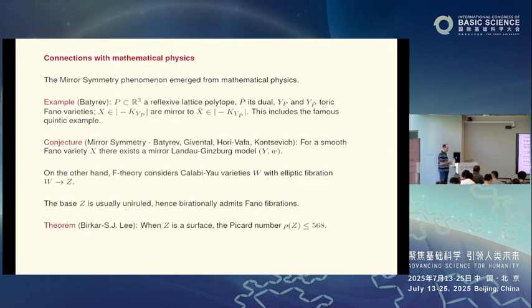So for example, one of the very basic things to try to do is to say that on the base, the Picard number is bounded. We already knew this from general results in algebraic geometry, but talking to physicists, my collaborator Sanju Lee, who is here, told me that physicists don't really care about this kind of statement. You have some abstract boundedness.